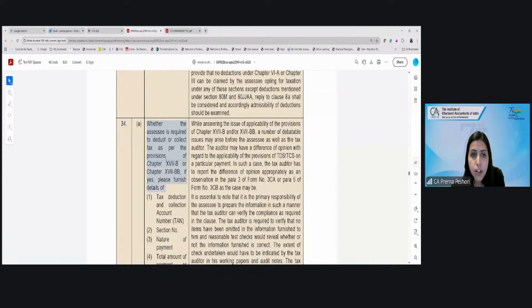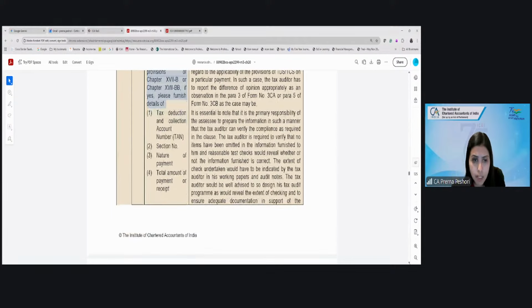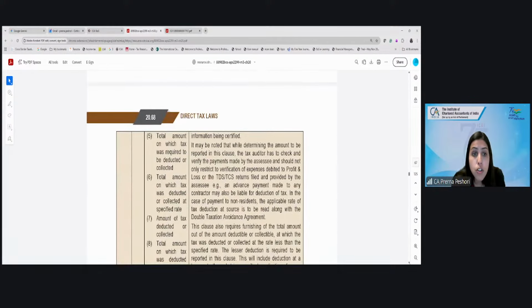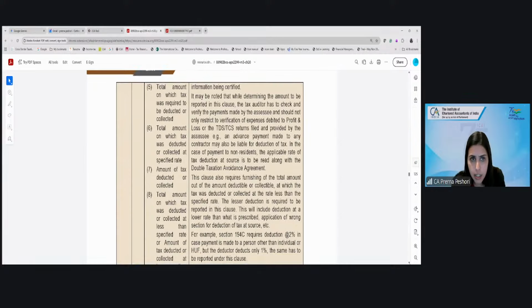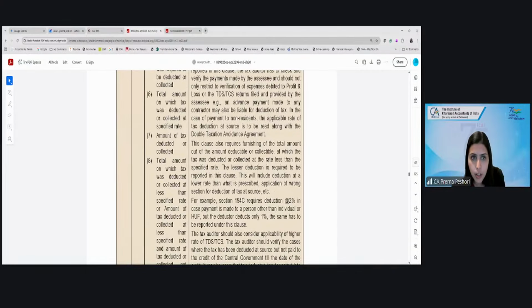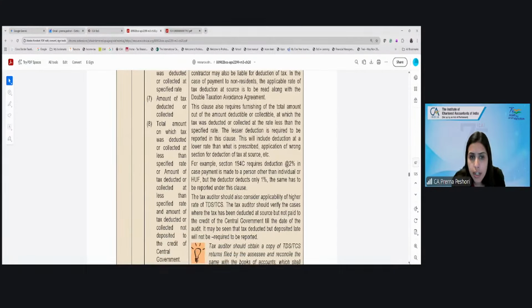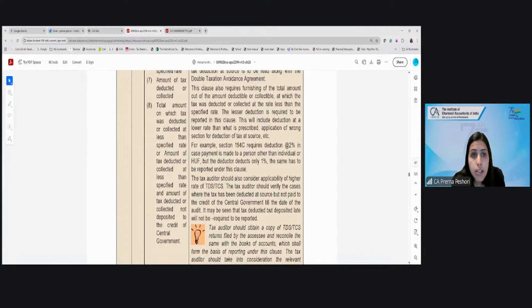If yes, please furnish the details of the TAN, section number, nature of payment, total amount of payment or receipt, total amount on which tax was required to be deducted or collected, total amount on which tax was deducted or collected at the specified rate, amount of tax deducted or collected, and the total amount on which tax was deducted or collected at less than the specified rate, the amount of tax deducted or collected at less than the specified rate, and the amount of tax deducted or collected not deposited to the credit of the central government.